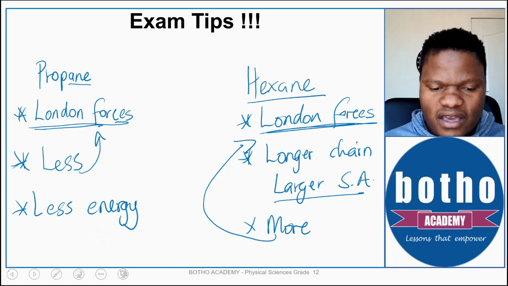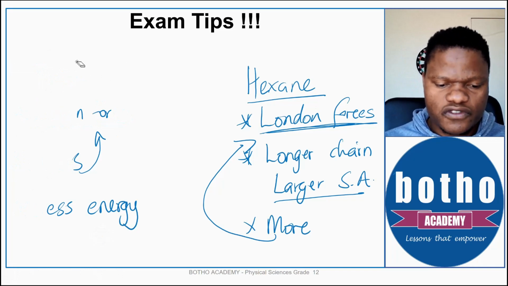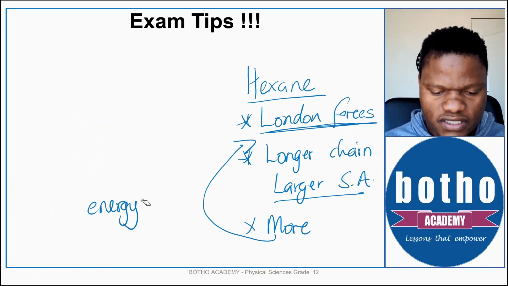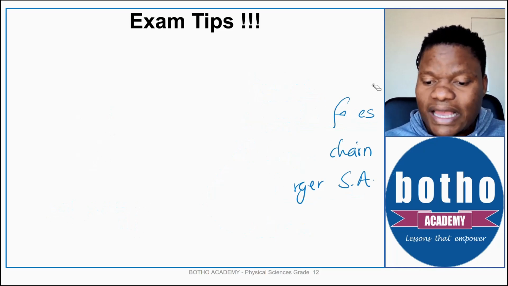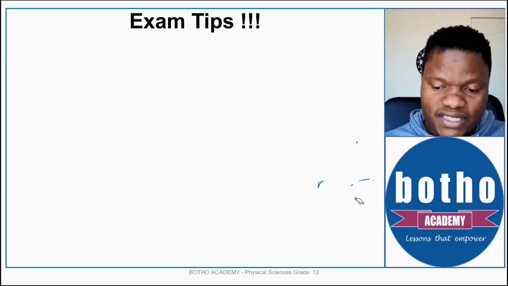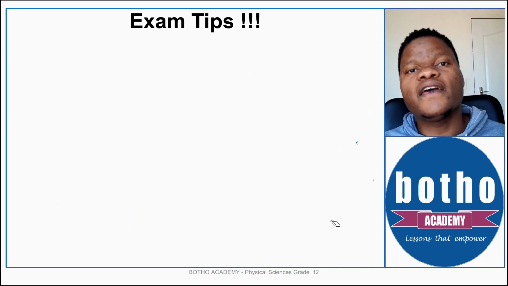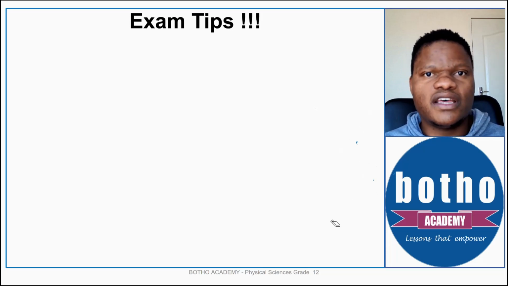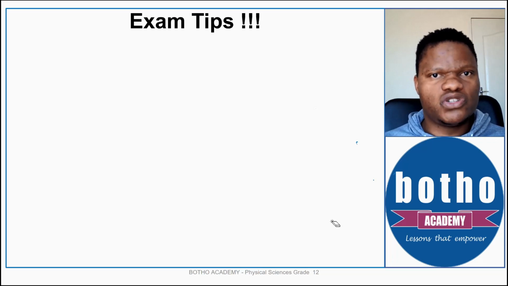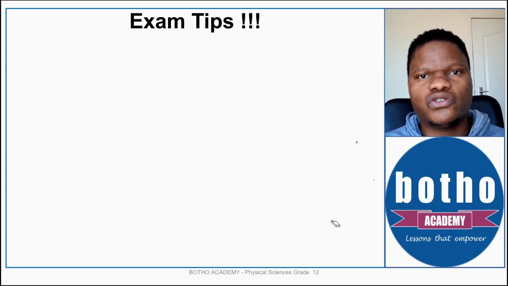So this is in a nutshell how you compare the different types of chains, or the different types of compounds if you are dealing with different homologous series. If the compounds belong to the same homologous series, it means they have the same intermolecular forces, and therefore you have to check other things as well, such as branching. Branching is also another factor. A molecule that has a branch, when compared to a straight chain, the straight chain usually has a higher boiling point or higher melting point.